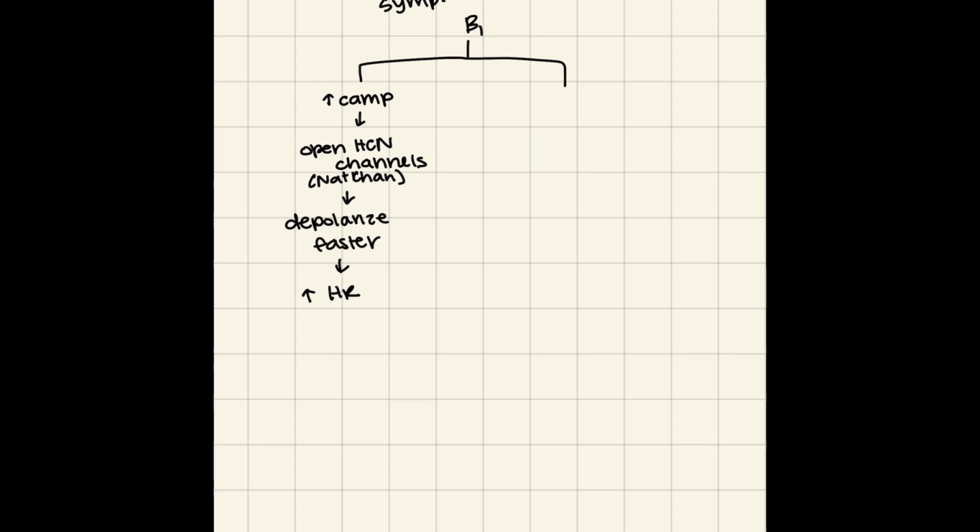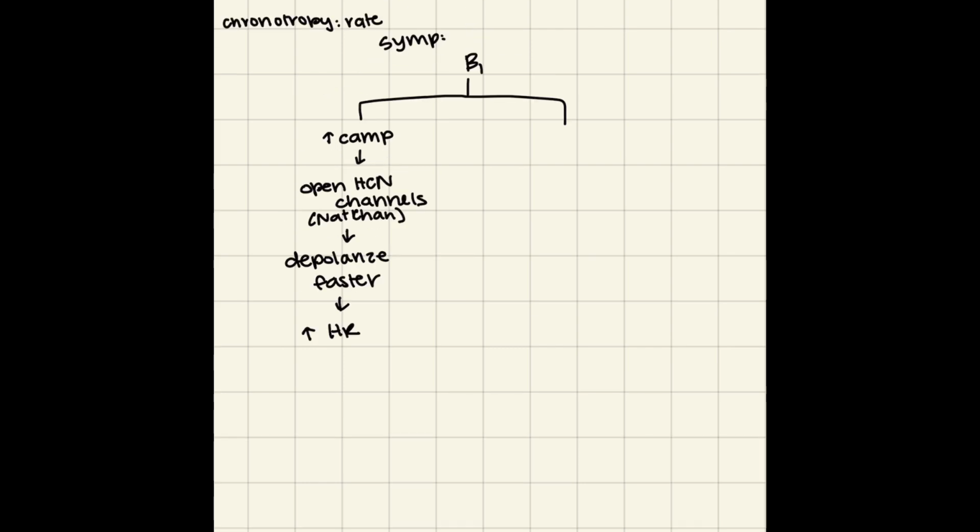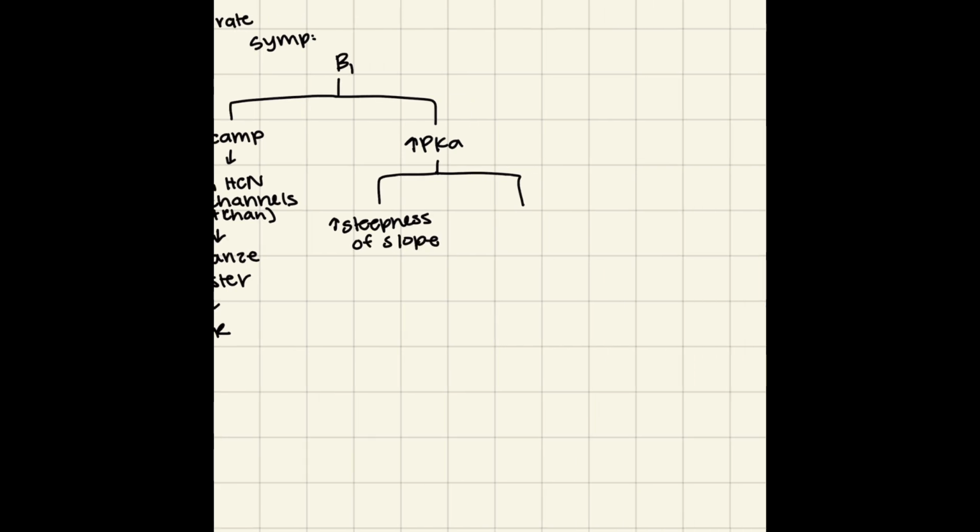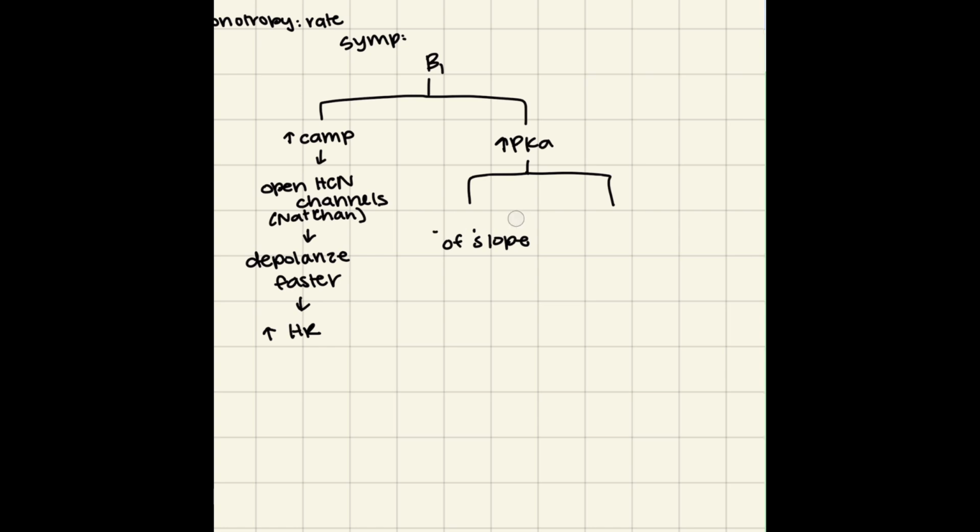The harder one has to do with actually PKA. So when we increase PKA, our PKA can do two things. It can increase the steepness of slope, and oh, I skipped a step, realizing.